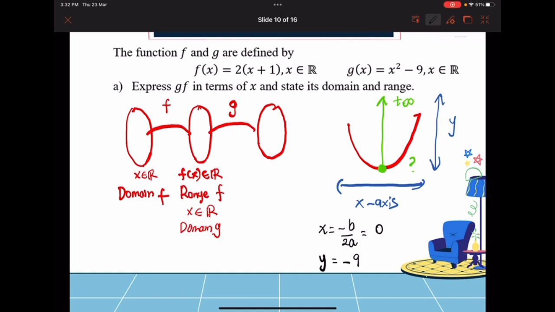Meaning, your range will start at negative 9 and increase towards infinity. Hence, how to write it? You will have g(x), where the g(x) range will start from negative 9 and increase towards infinity. This is the range of g.